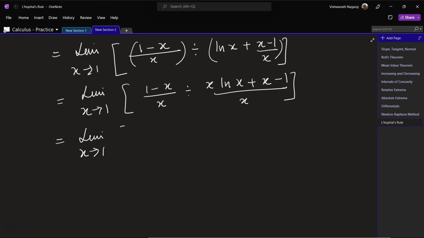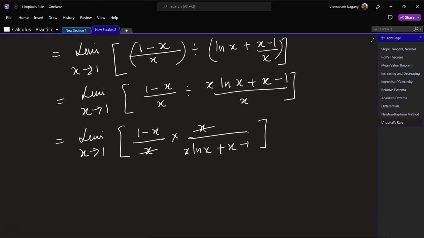So now let's see what happens. Limit as x approaches 1 of (1 minus x) by x times x by (x natural log of x plus x minus 1).